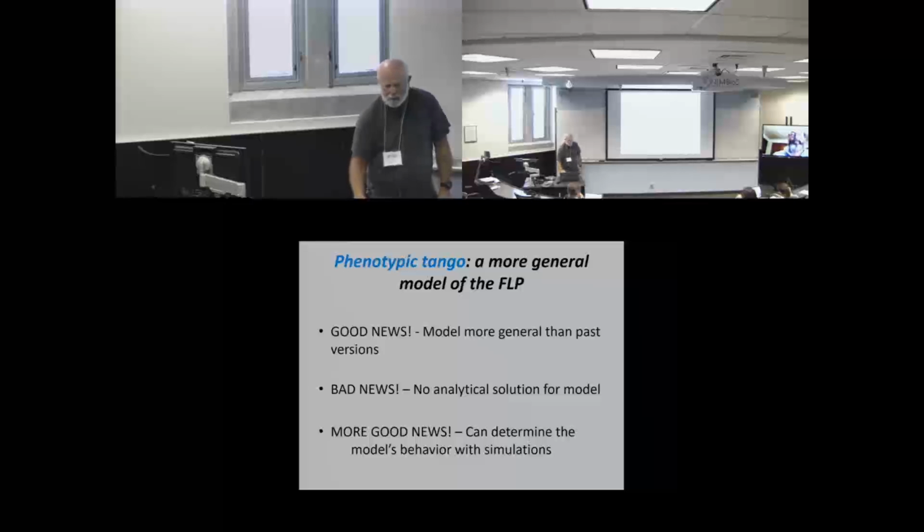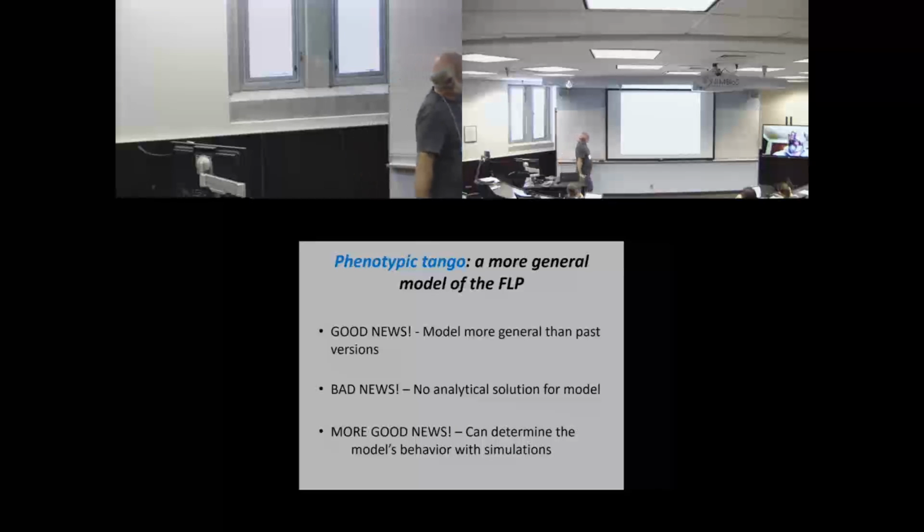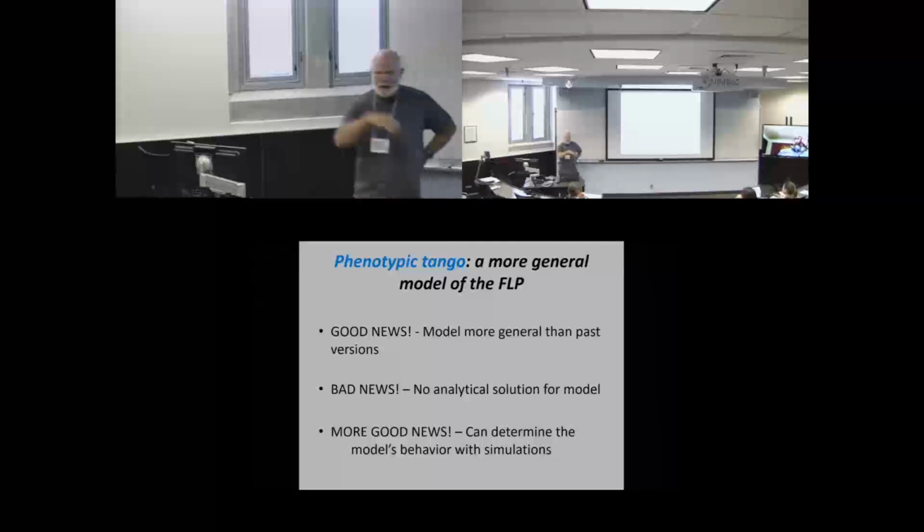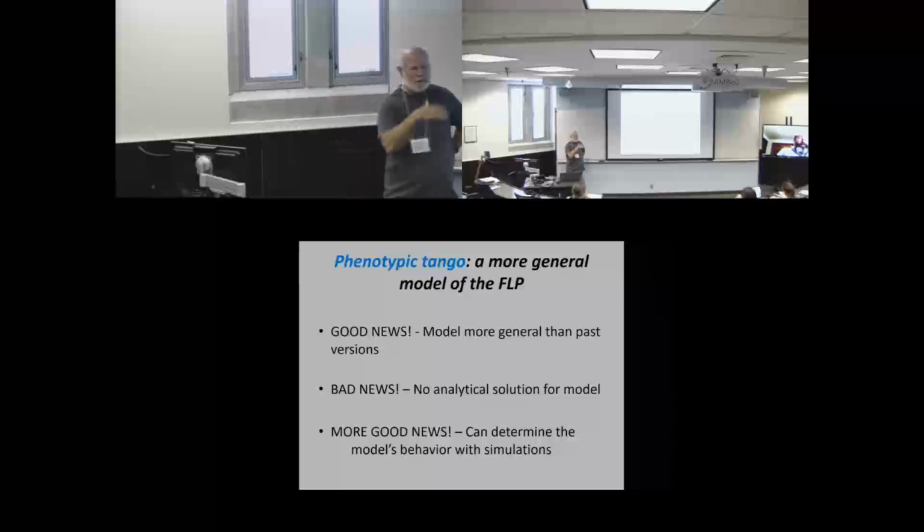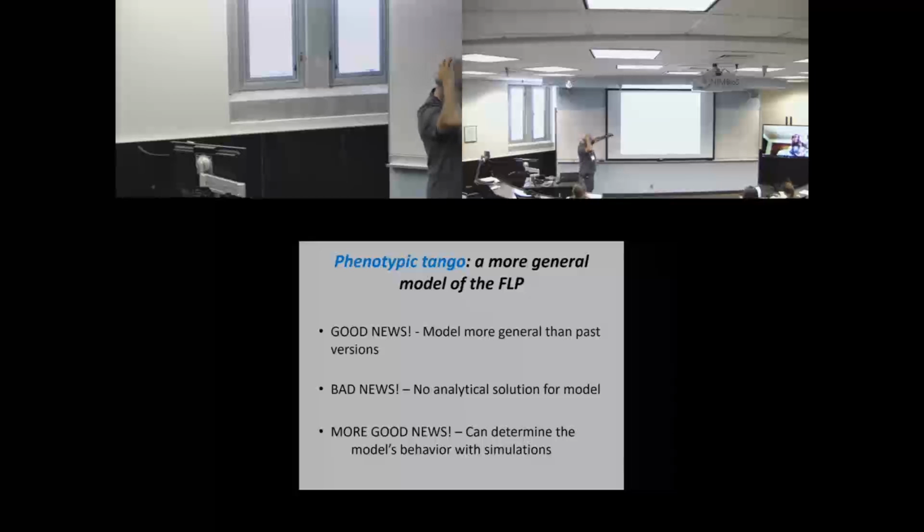Okay, so with regard to this model of the FLP, there's good news, and that is that the model's more general than past versions. A lot of naturalists hated Lande's original assumption that there was no selection on preferences. So we've adapted and made it bivariate, with the most common assumption that there's stabilizing selection, that the costs on preference, if you like, are normally distributed. I've already told you there's no analytical solution, but we can go quite far without it for the time being.